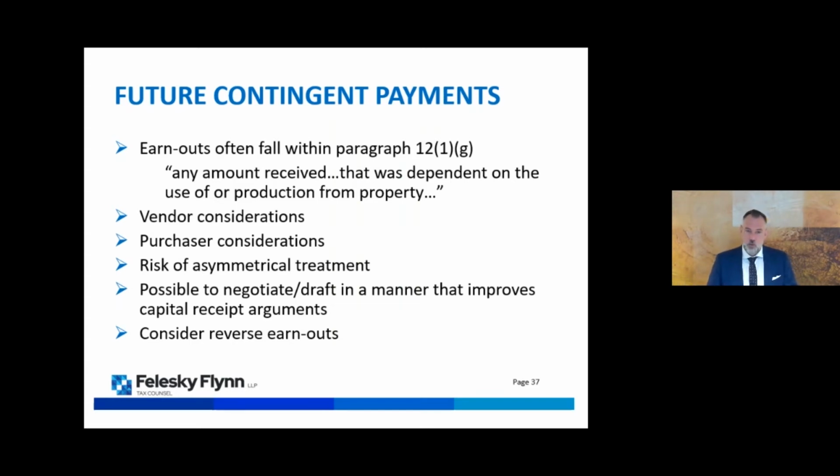Because of the resource price, you wouldn't say that the payment was dependent on the use of or production from property. It was dependent on a resource price meeting certain thresholds. So you may be able to improve your capital receipt arguments. Also, there are some ways to improve the outcome. One of the ways is a reverse earnout, if it's appropriate from a commercial perspective.